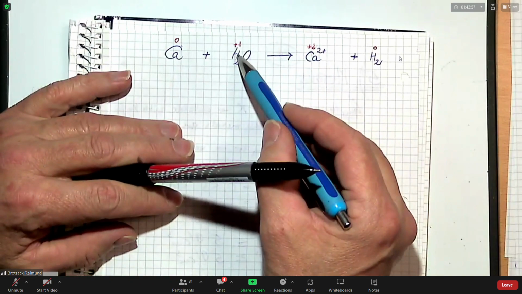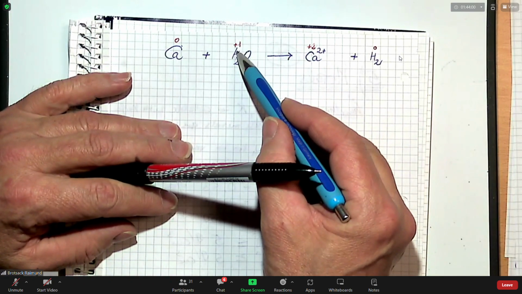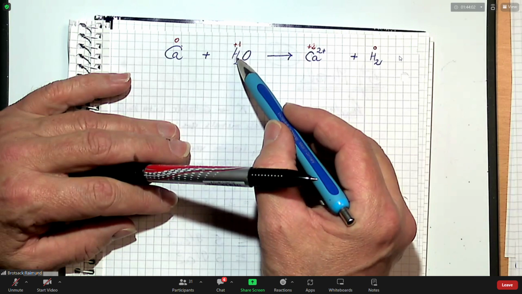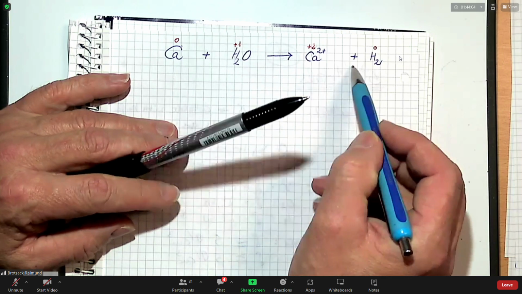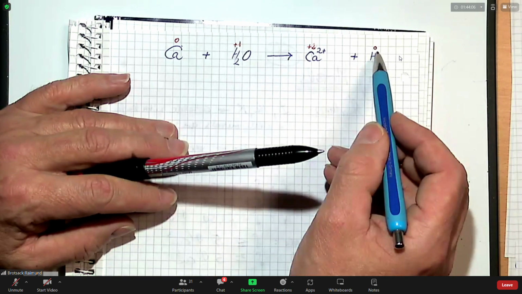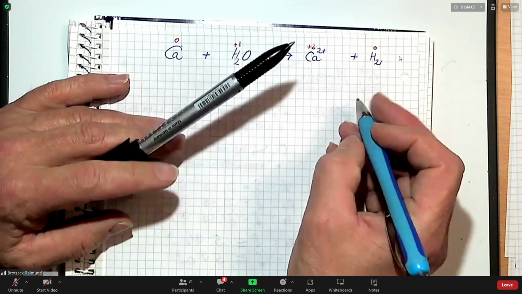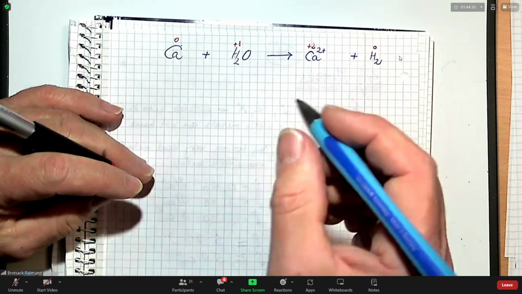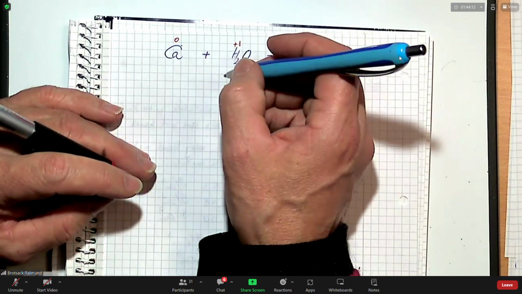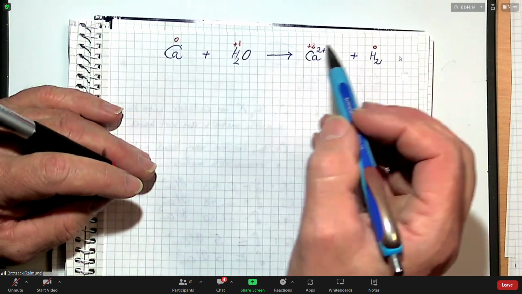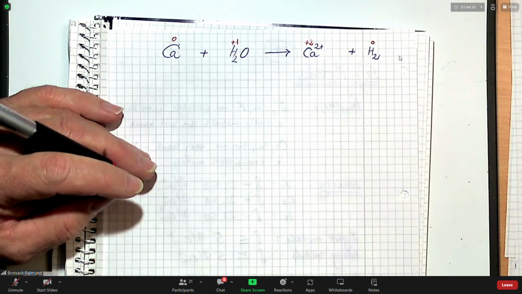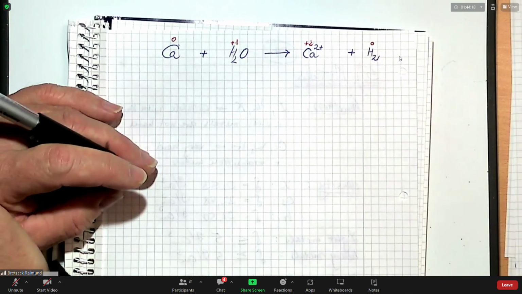So we have H2. 2 hydrogen atoms or protons will form hydrogen, H2. So this is fine. But now we have to calculate the charges.